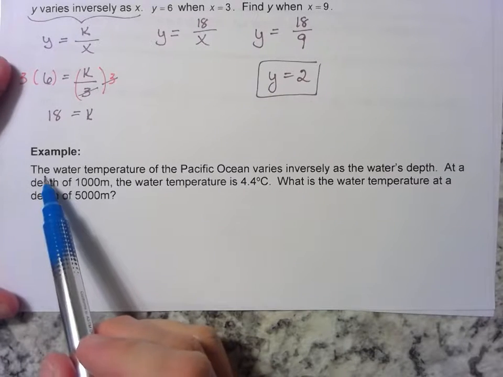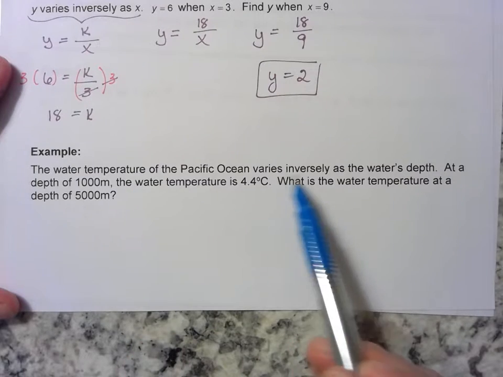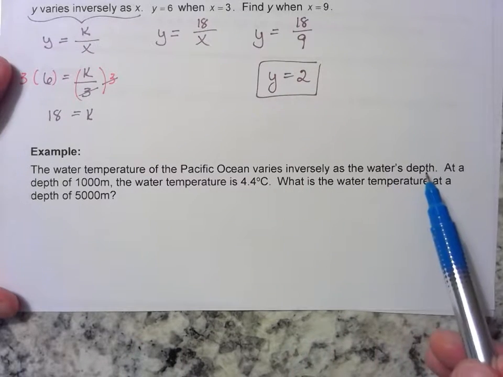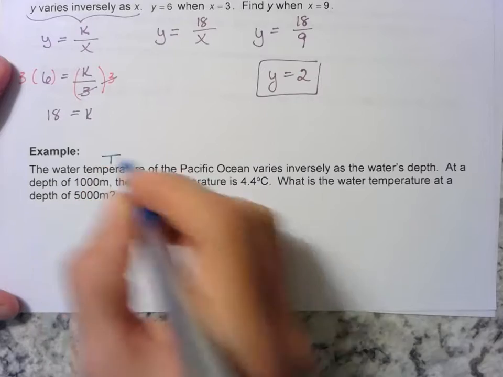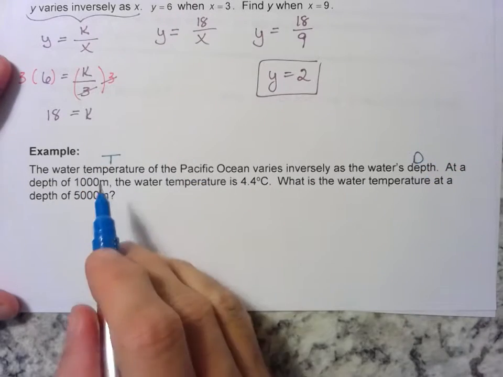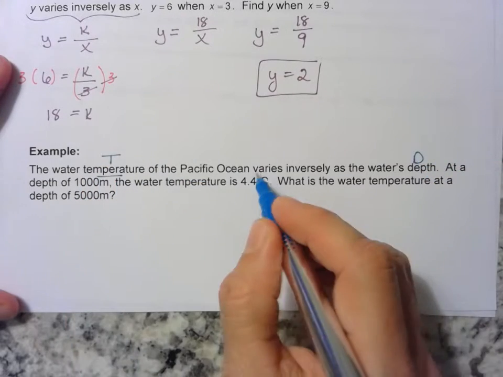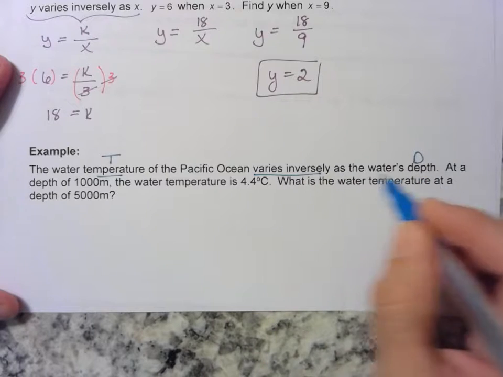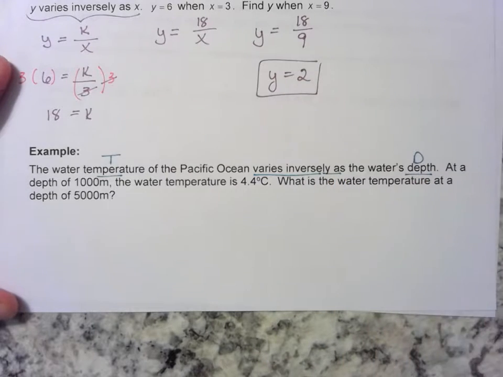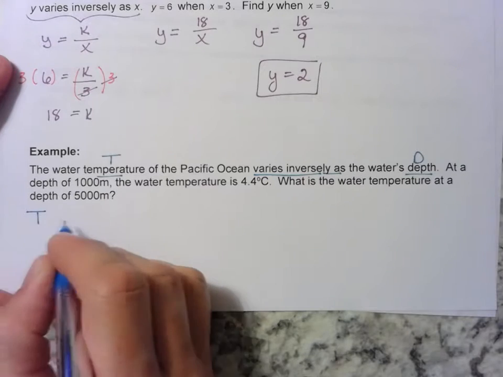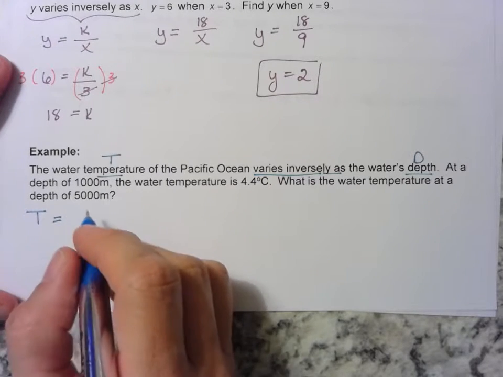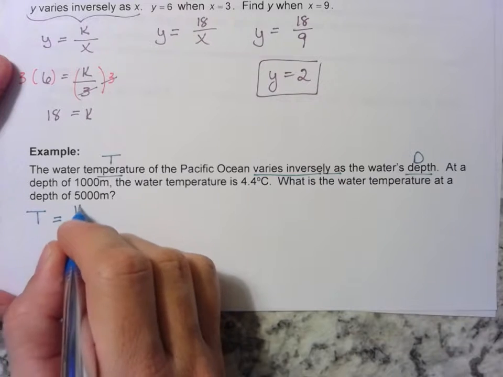I think I'll use T and D because temperature varies inversely as depth. That actually gives us our formula. Temperature varies inversely as depth.